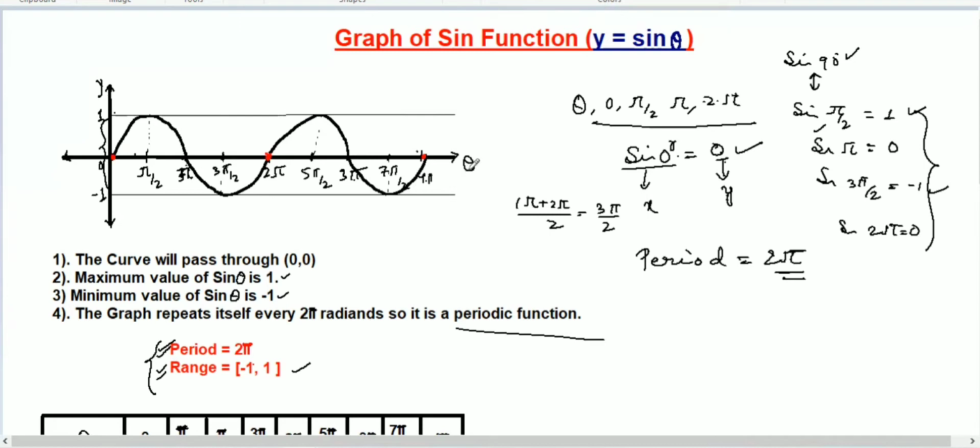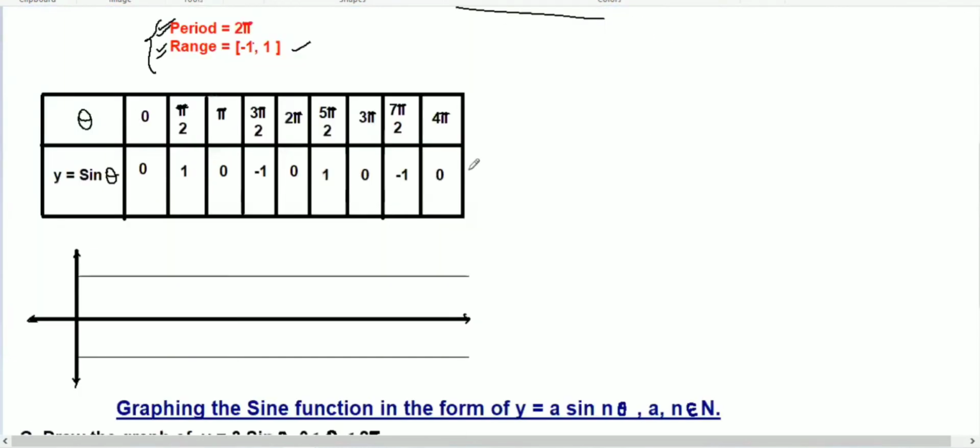And if you want, you can take help of the table. Make the table of the graph here, and you can draw the graph. So I have taken here the same, we are drawing y equal to sine theta here.